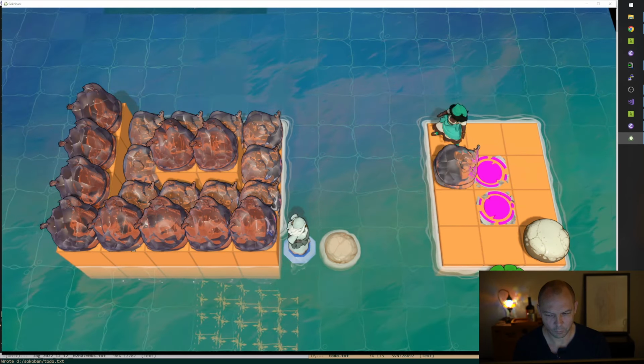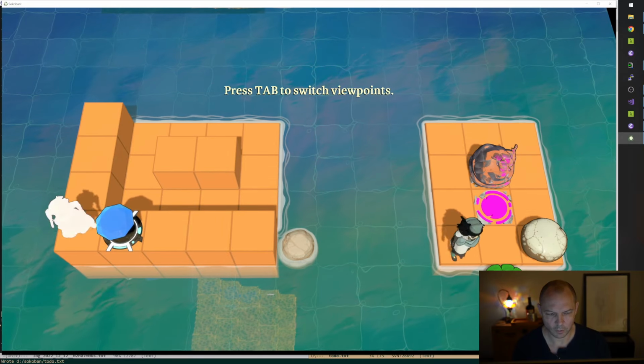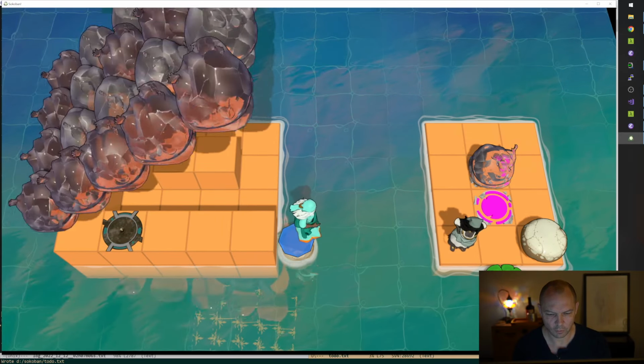Oh, no, because what we actually do is this. Okay, here's what we do. I actually kind of like it a little bit. Here's what we do. We do that. And the reason we do that is so that when she pushes this, she's too high.